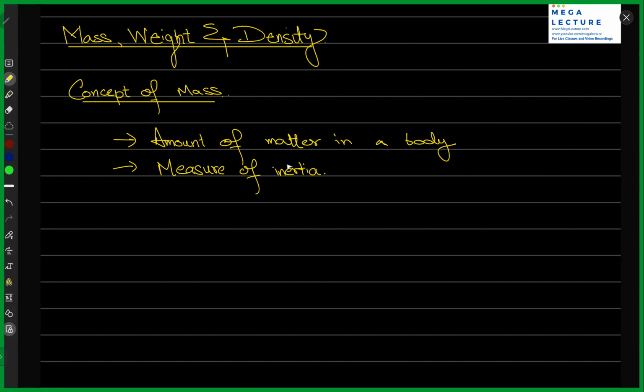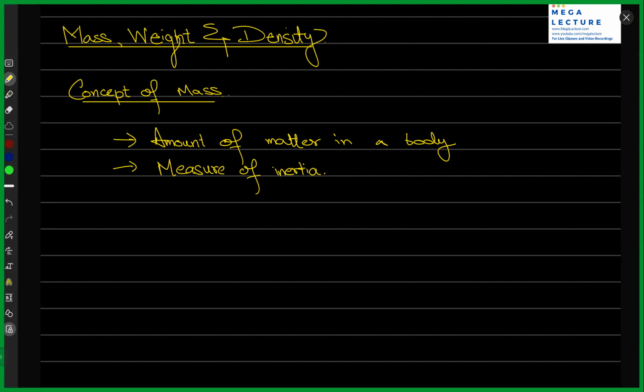So far, this much is enough. Inertia is really just the resistance a body offers to change in its velocity, or the resistance it offers to any force applied to it.